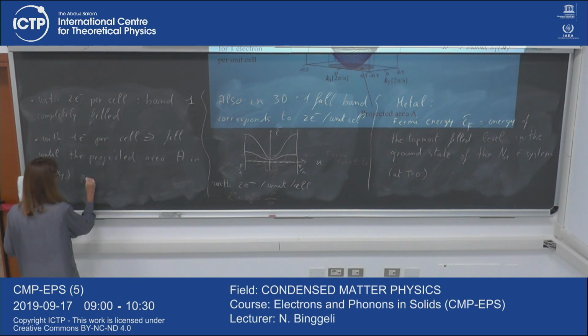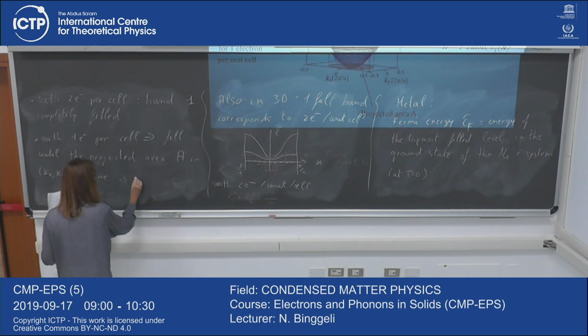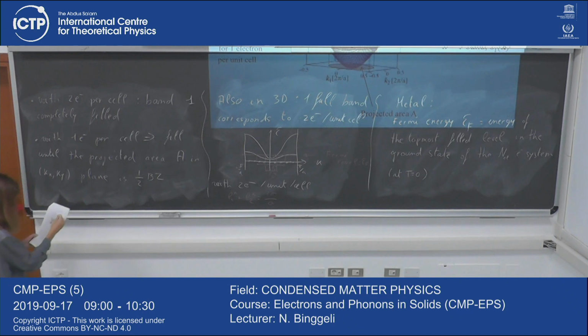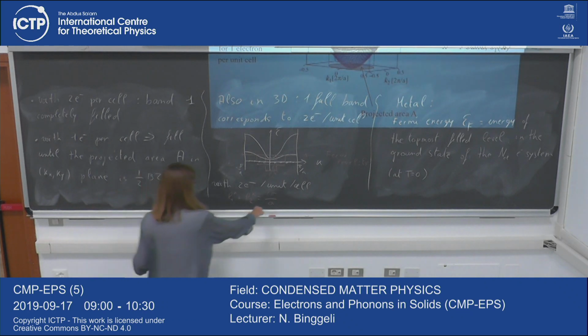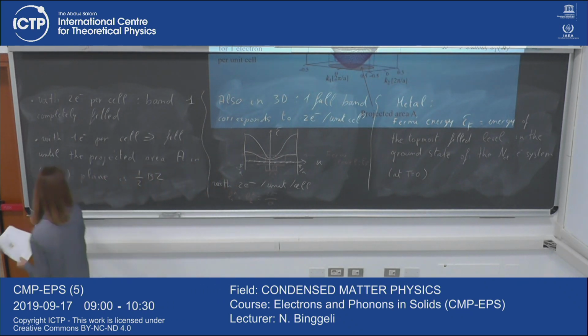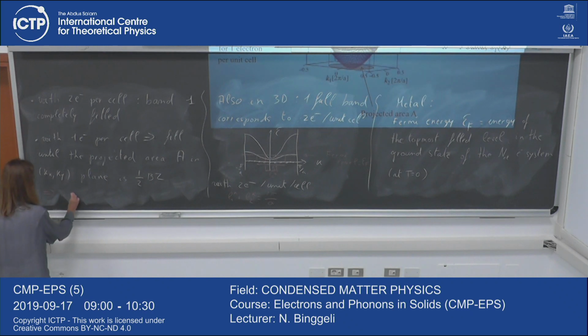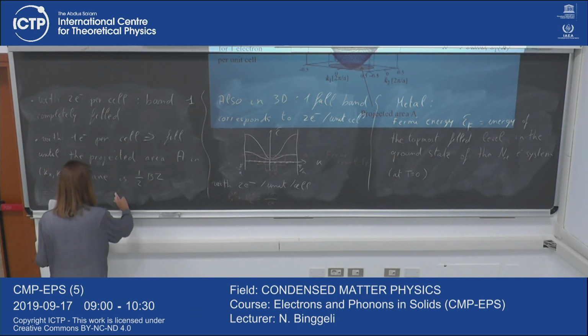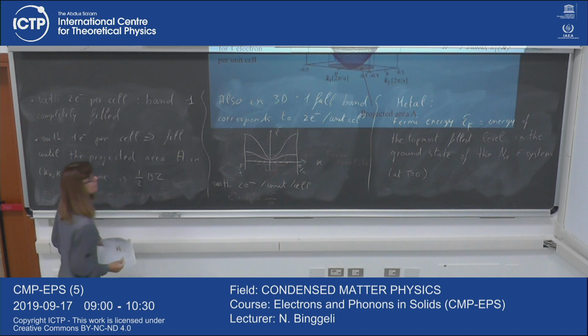So in my kx ky plane it is 1/2 of the surface of the Brillouin zone. So this gives me the condition that determines the Fermi energy. So I have to fill up to an energy epsilon F that gives me this area A. Okay?